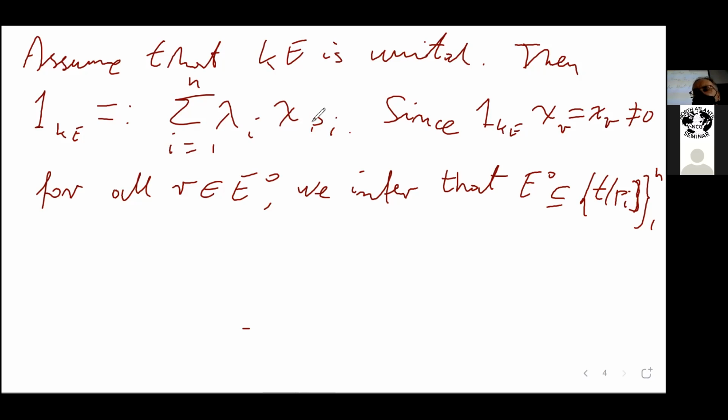Because it's true for all vertices, the set E0 is contained in the finite set of all endpoints of pi's. There are at most n many of them. So E0 is finite. It's basically the same argument as before, just written differently. So I thought there would be no harm repeating it. And this ends the proof of this proposition.